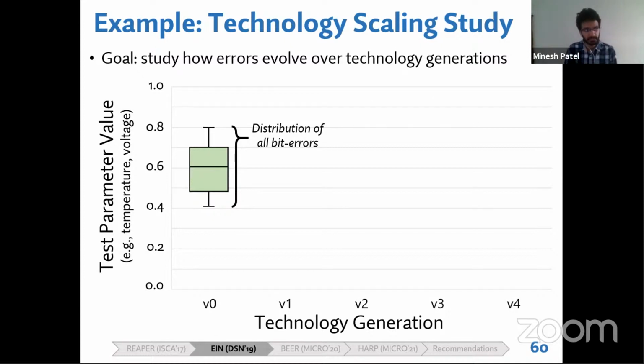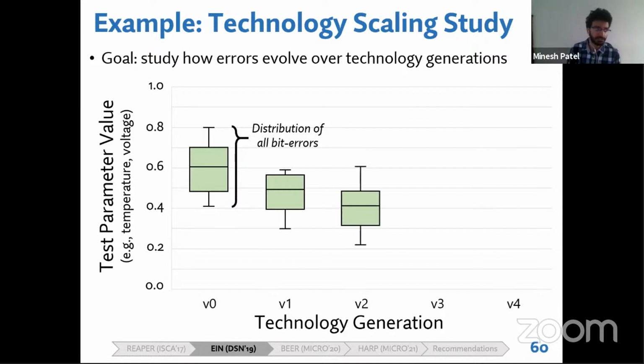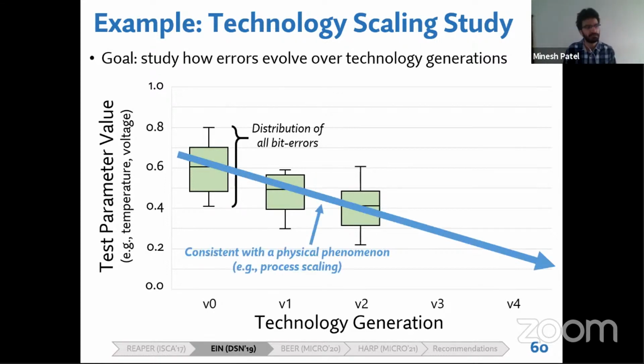Now, let's say we repeat the study for technology generations V1 and V2, and we observe some sort of error distribution. And so based on this, we can extrapolate some trend here, and we can say that this is consistent with some physical phenomenon, right? So let's say in this example, this is consistent with what we expect from process technology scaling. Now, when we go ahead and study devices V3 and V4, we might observe that their distributions actually look very different, and they diverge from this trend that we're expecting.